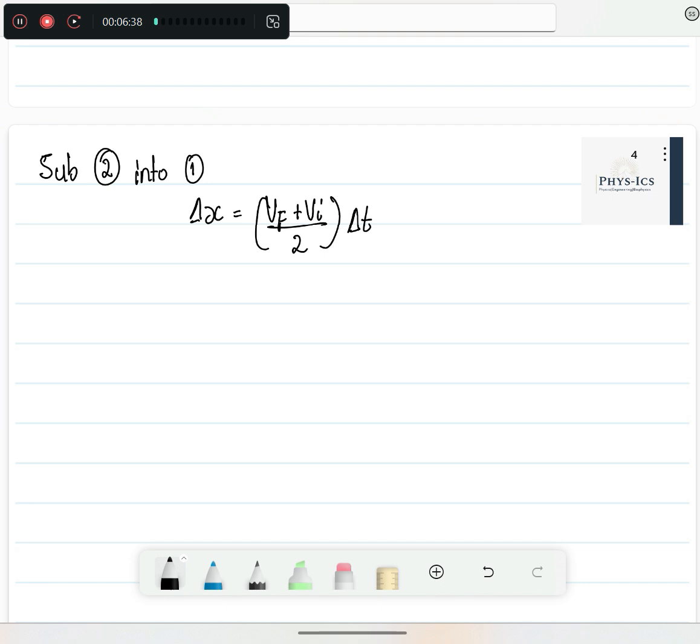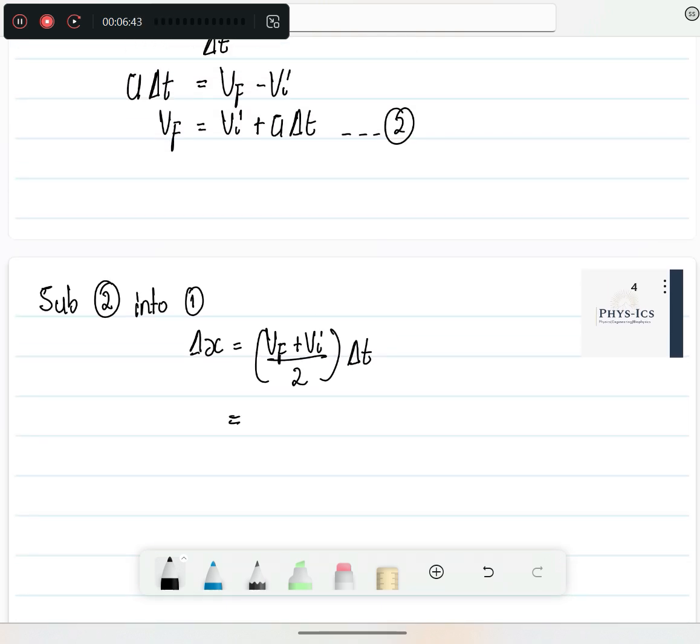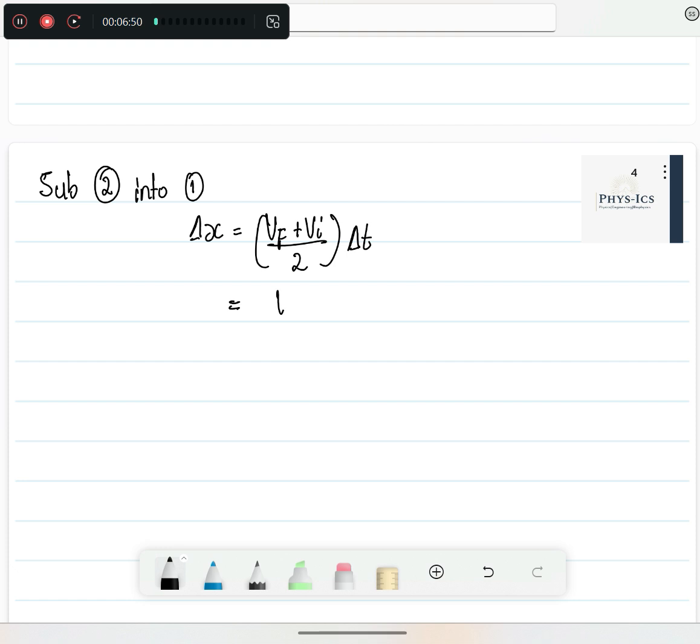Therefore, from this situation, he substituted Vf, because equation 2 is given by Vf equals Vi plus a change in t. Therefore, he substituted Vf with Vi plus a change in t, plus that Vi, all divided by 2 multiplied by change in t.